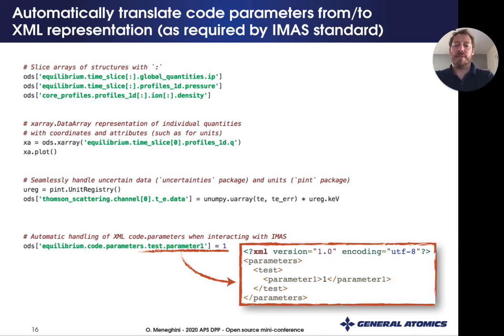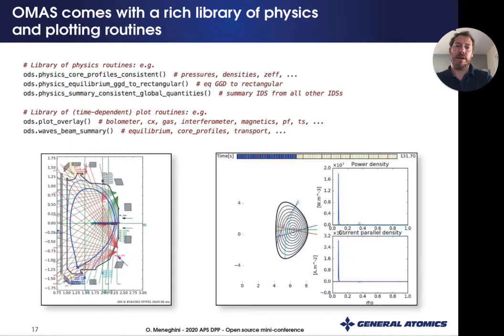So in IMAS, if you're running a code, you can store the parameters that you use to run the code under code parameters. And here in OMAS, you can just use the standard OMAS syntax to set up and read these code parameters. But when you work with the IMAS infrastructure, that gets automatically translated to XML as the IMAS standard requires.